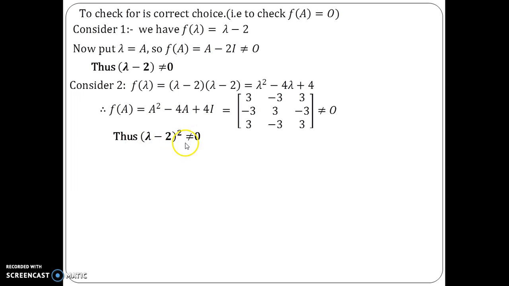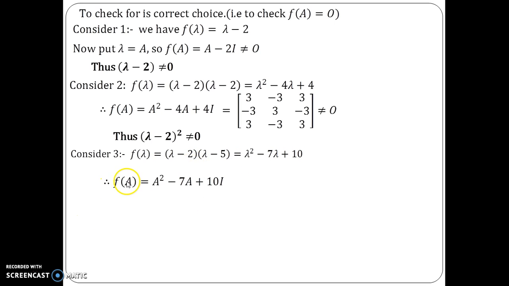So this is also not the minimal equation. Go for choice number 3. Verify that lambda minus 2 times lambda minus 5 is nothing but lambda square minus 7 lambda plus 10, and then further when you plug in lambda equal to A, you obtain A square minus 7A plus 10I, and then when you check, it becomes 0.